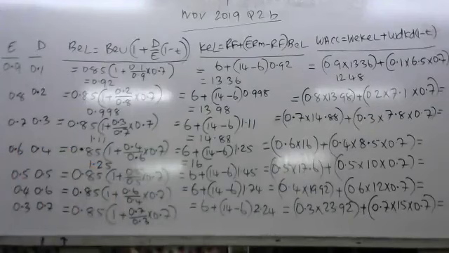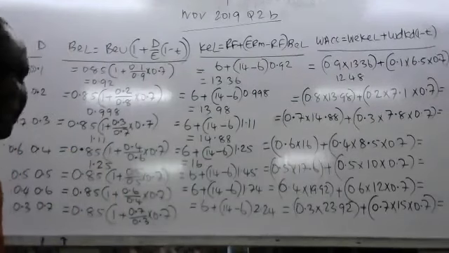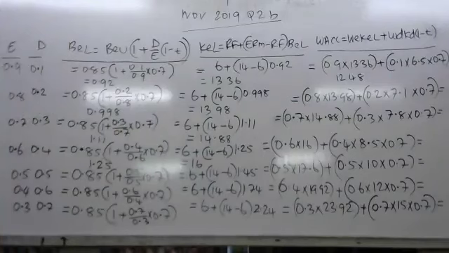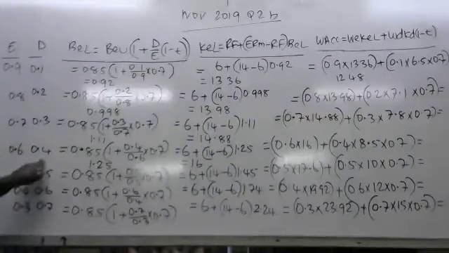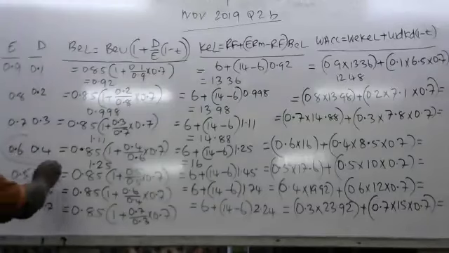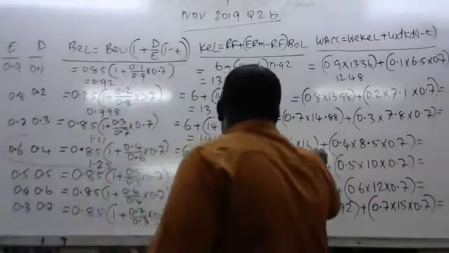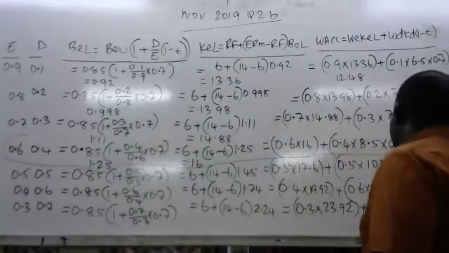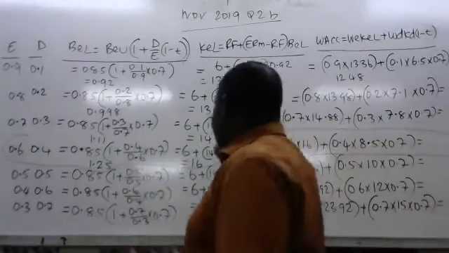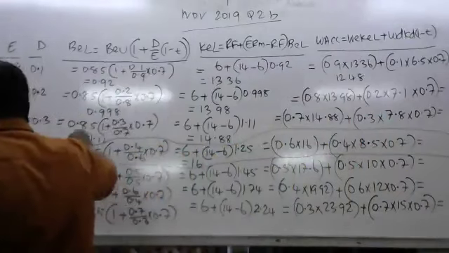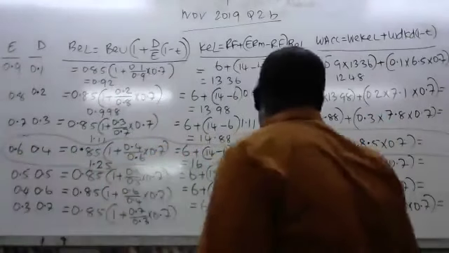So WACC is minimum when equity is 0.6, 0.4. Yeah, so it means it is along this range. So it was which figure?